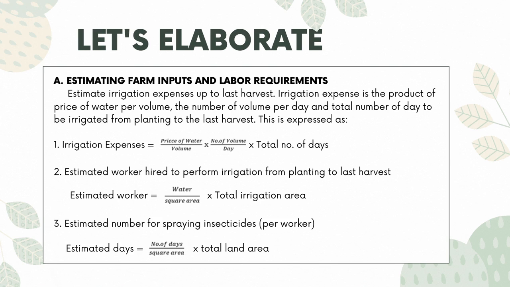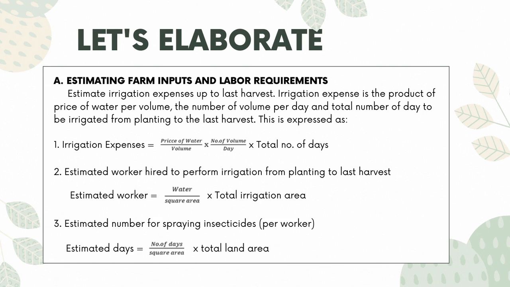Number 2, estimated workers hired to perform irrigation from planting to last harvest. Estimated workers is equal to water over area times total irrigation area. Number 3, estimated number of spraying insecticides per worker.